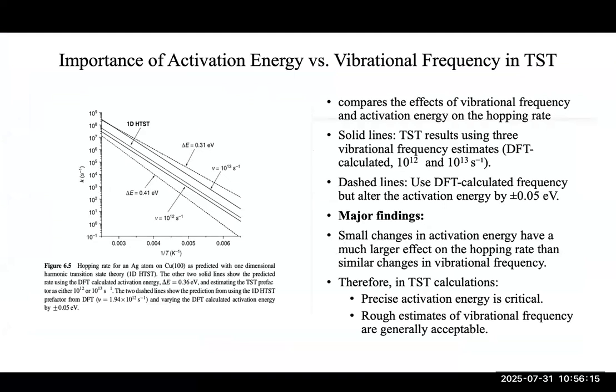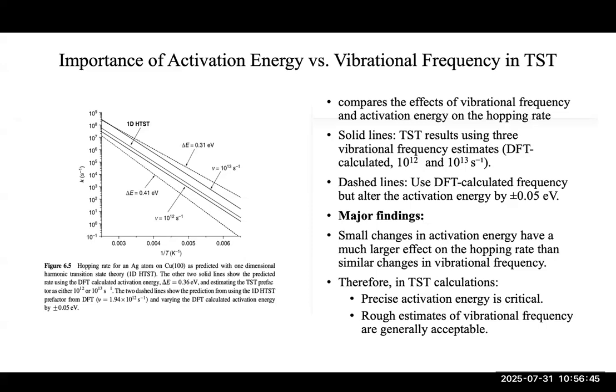So, importance of activation energy versus the vibrational frequency in the transition state theory. In this figure, the solid lines show the predicted rate using the DFT calculated activation energy, where the activation energy is around 0.36 eV, and that estimates the transition state prefactor around 10 to the power 12 to 13 per second.